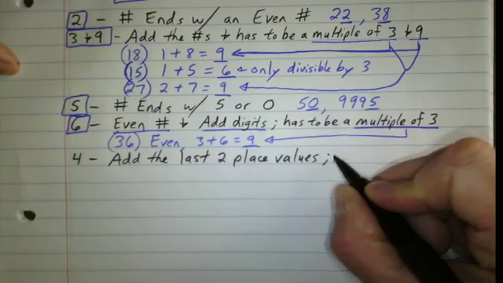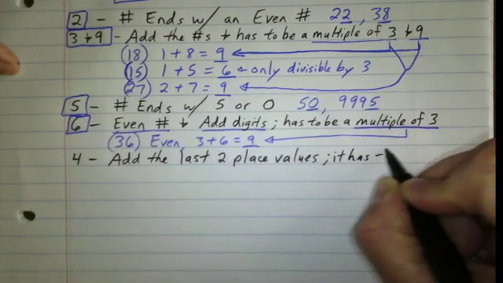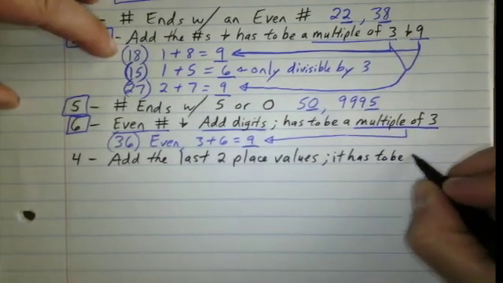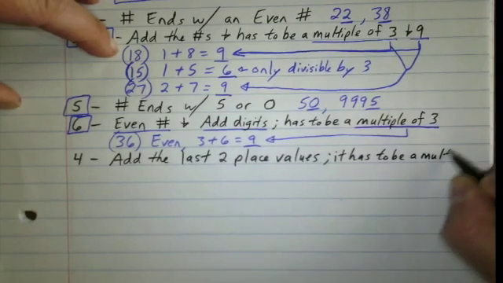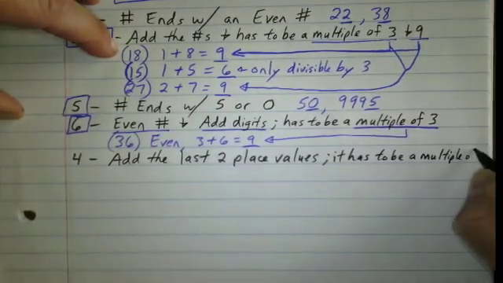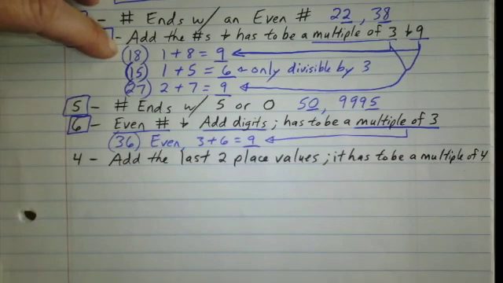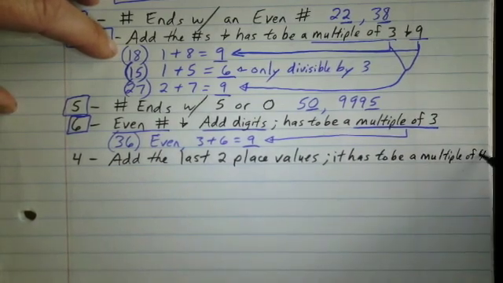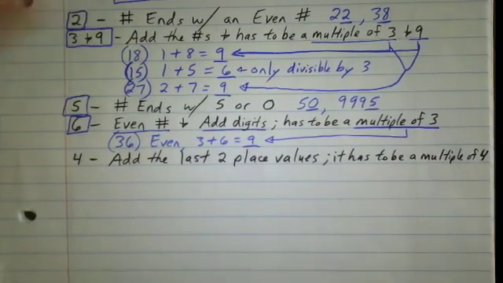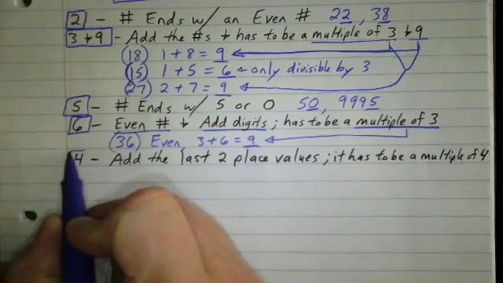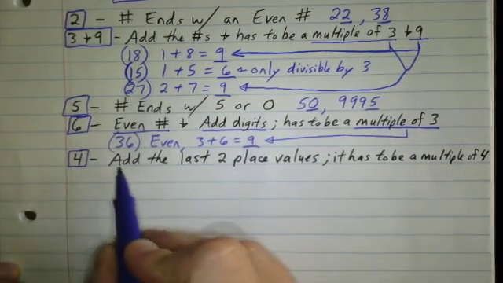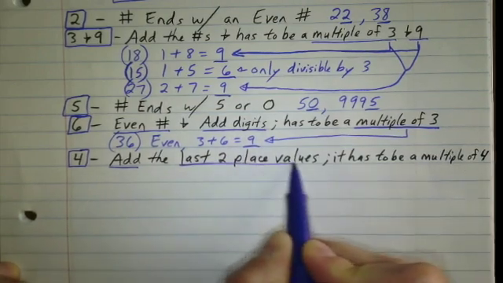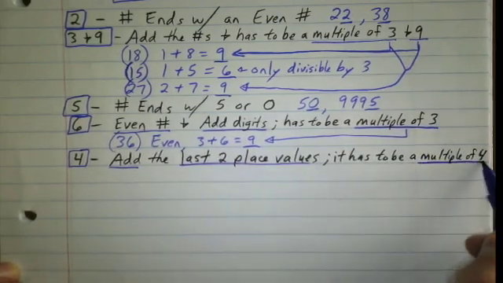So semicolon, it has to be a multiple of 4. And I'm kind of squeezing that on here all in one line. If you need to go to the next line, that's fine. So the example for 4, you have to add the last 2 place values, and then it has to be a multiple of 4.